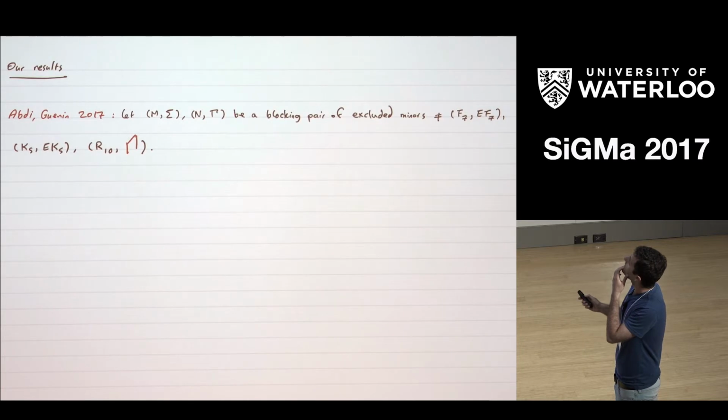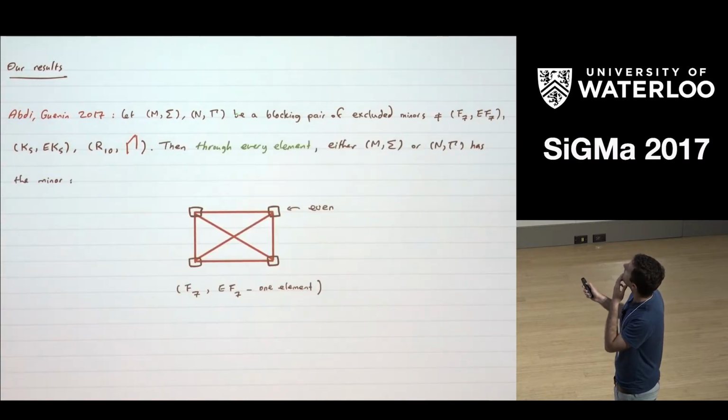Then what we can do is, through every element of the underlying matroids, which are the same, either in the signed binary matroid or in its blocker, we can find a minor that looks a lot like the first excluded minor. Essentially, you have the Fano, and every element is odd except for one.